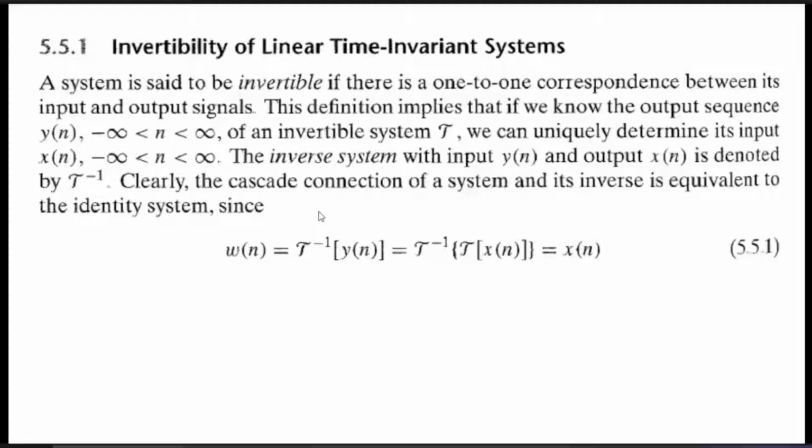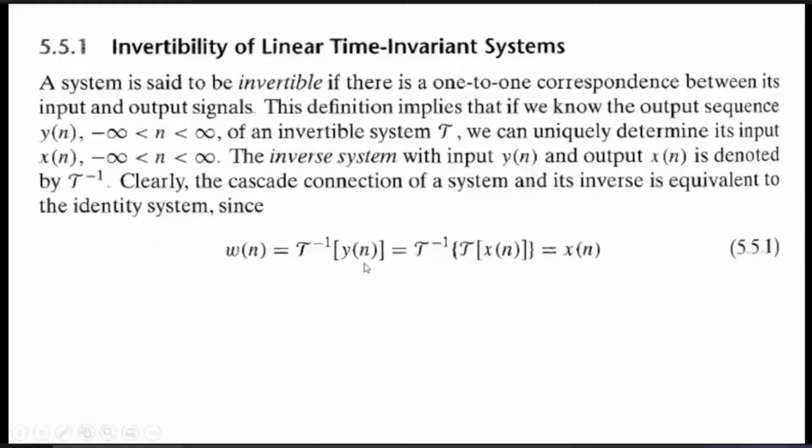So suppose we have one output y of n, and we pass it to an inverse system, a system having the characteristics inverse of the system from where the output is coming. y of n was coming from the system, operator tau applied on input x of n.